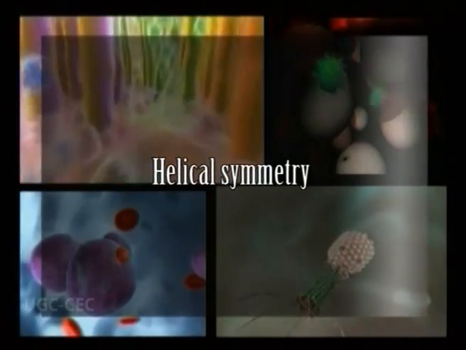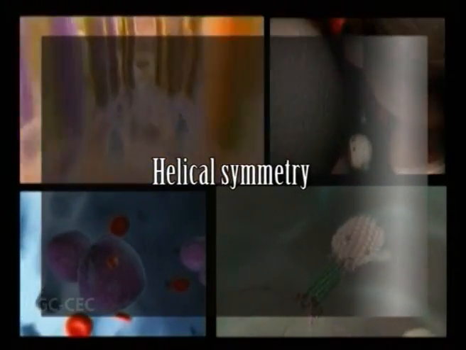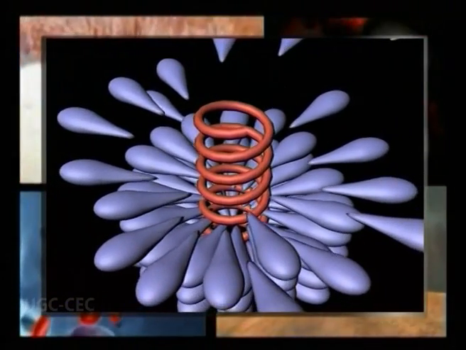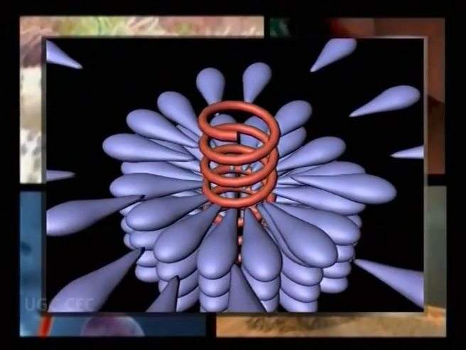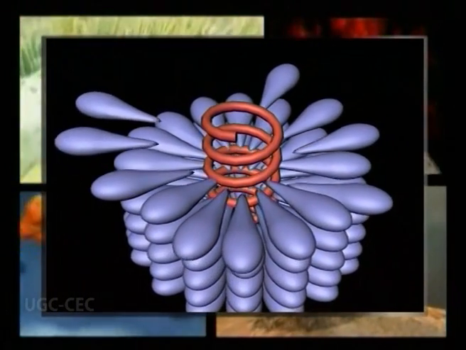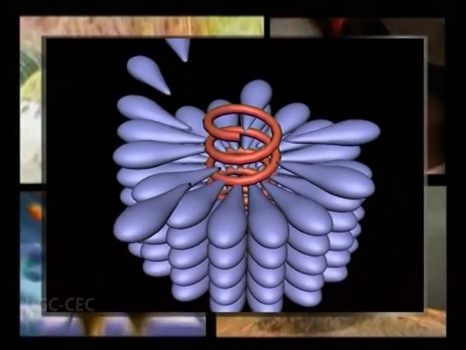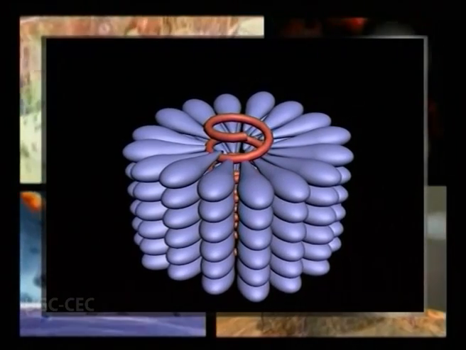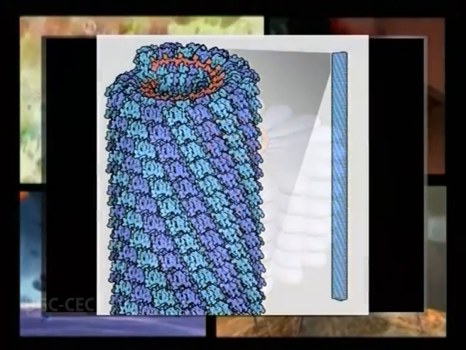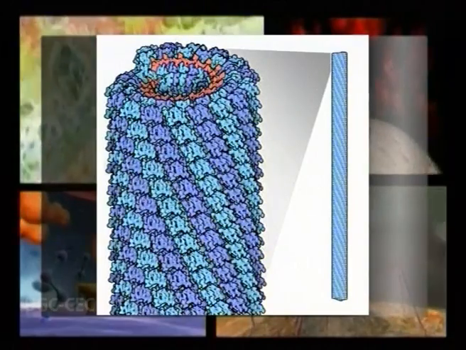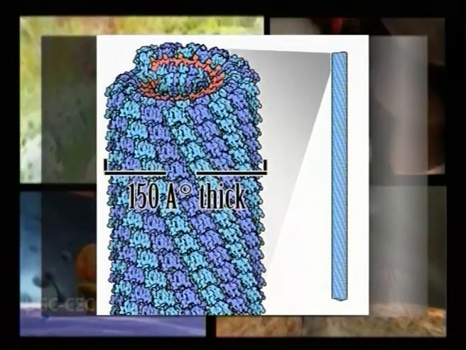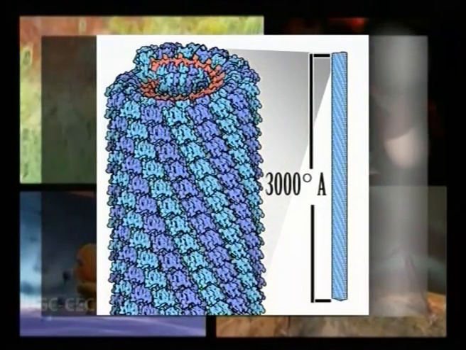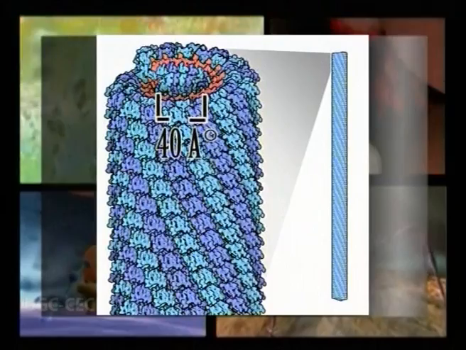Now, helical symmetry. When the protomers are arranged in such a way that they form a long, rigid, hollow tube, the virus symmetry is said to be helical. Tobacco mosaic virus or TMV is the best studied example of a helical capsid. TMV is an RNA virus about 150 angstrom units thick and 3000 angstrom units long, with a central hole of 40 angstrom units.